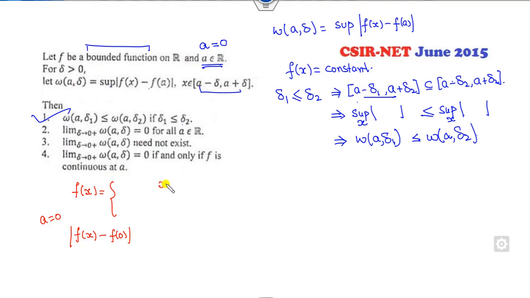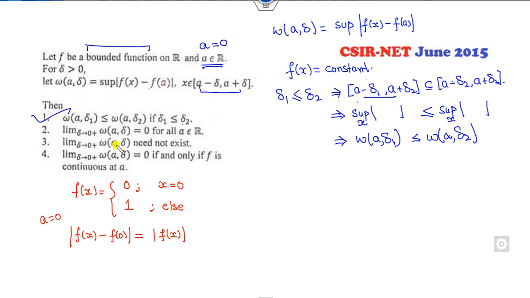Whenever x is 0, that means x is a, and the answer is 0. Otherwise I can consider a constant function, say 1. Fine. So what is the answer of this? It is f(x) only.